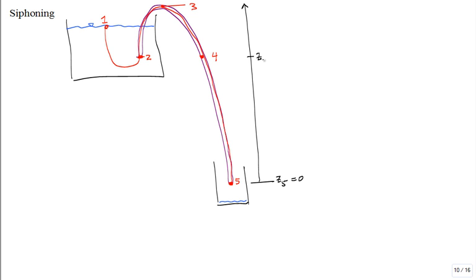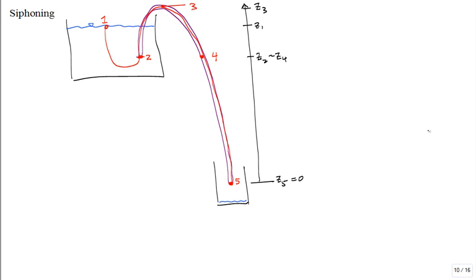Z sub 2 equal to z sub 4, some elevation. And then z sub 1, and then the highest would be z3. True? Those would be our elevations. So without gravity, would a siphon hose work? No. It's going to be using gravity.